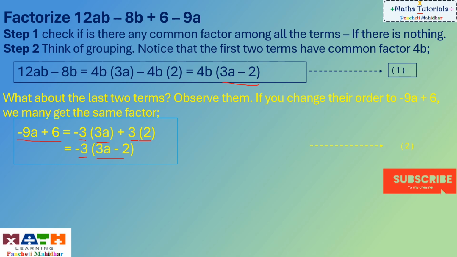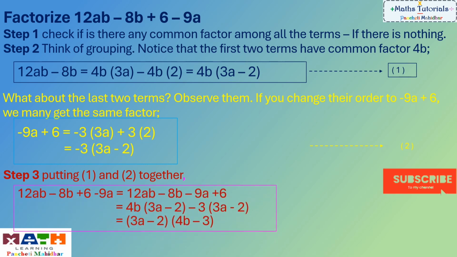In the first expression we got 3a minus 2. In the second expression also we got 3a minus 2. Step 3, putting 1 and 2 together. 12ab minus 8b plus 6 minus 9a will be written as 12ab minus 8b minus 9a plus 6.